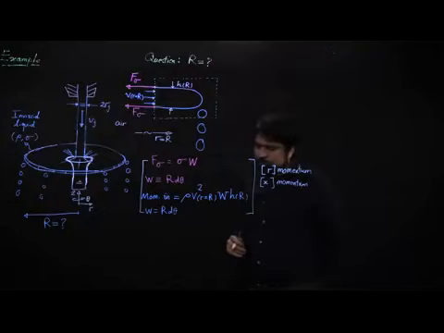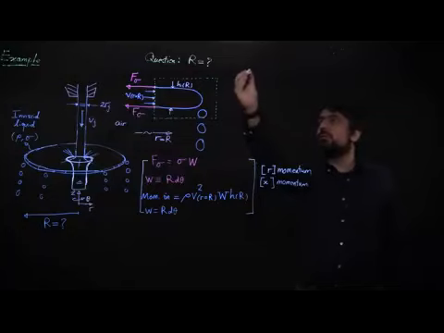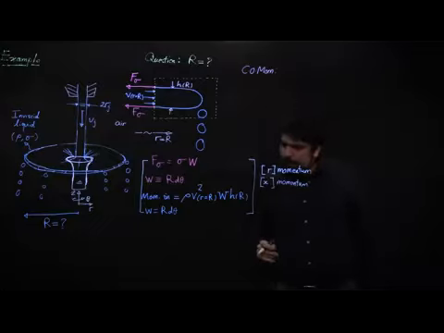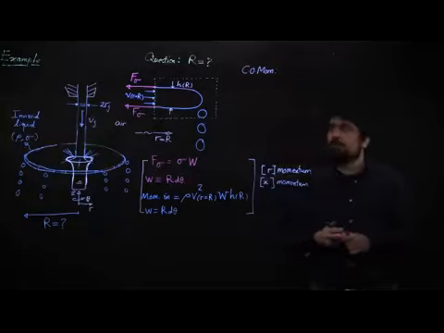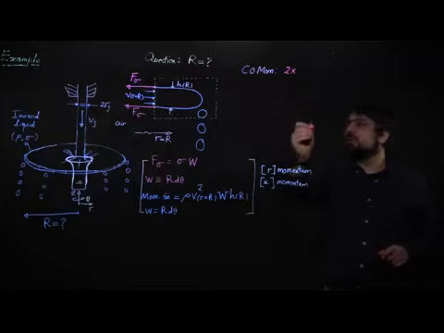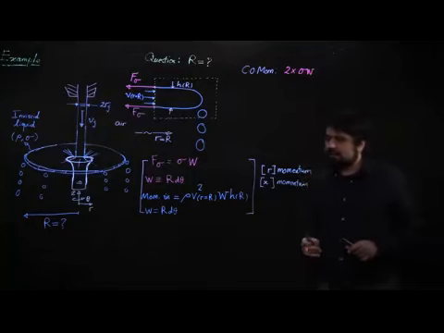So let's write down the conservation of momentum in the radial direction and see what we get. The conservation of momentum will give me the following. First thing that I have is the forces that are acting on the contour volume. So I have 2 times f of sigma, which is sigma multiplied by w. So that's the net force that I have.